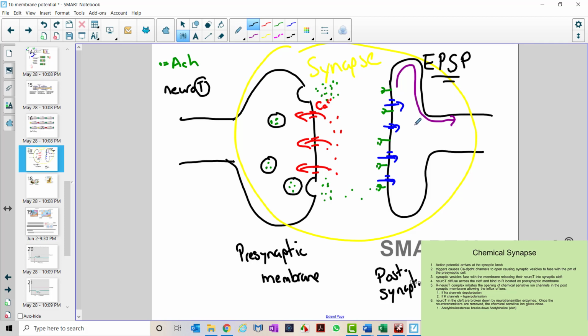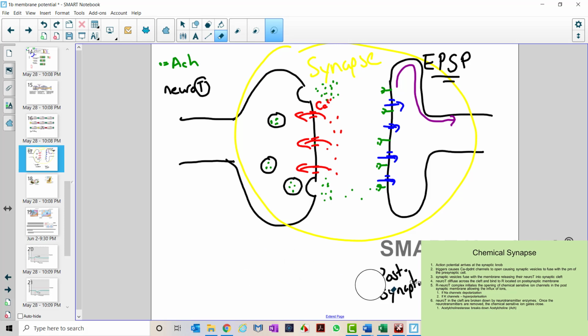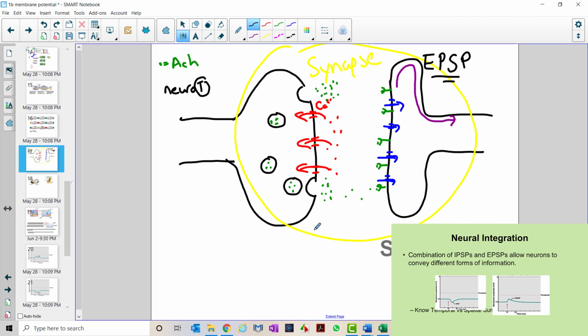But that's not the only choice. There could be something else. There could be another axon, and it's possible that this axon here has a neurotransmitter inside of it.